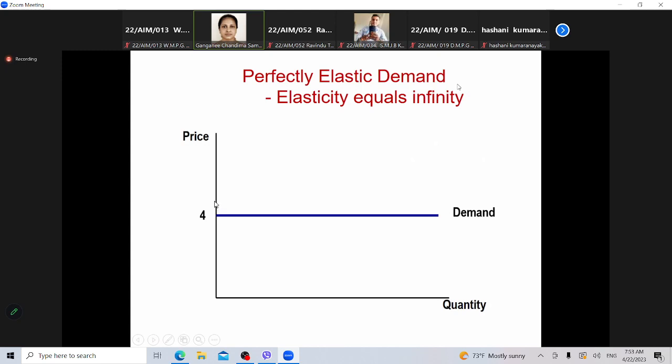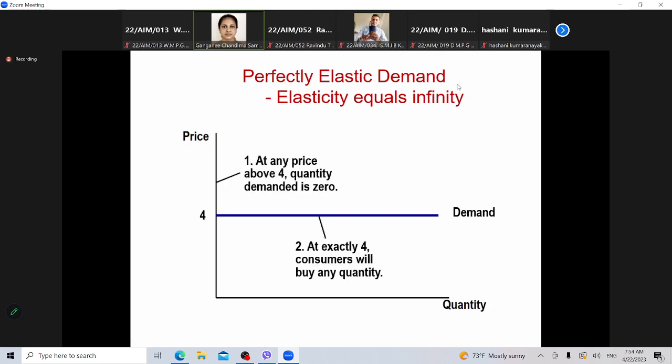If the price changed, the line would be there. But in perfectly elastic demand, there is only one line parallel to the x-axis, indicating no price change, but quantity changing from here to here. Hope now you understood the basic concepts. Exactly, at 4 rupees consumers will buy any quantity.